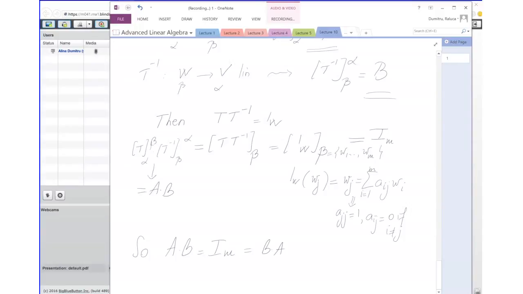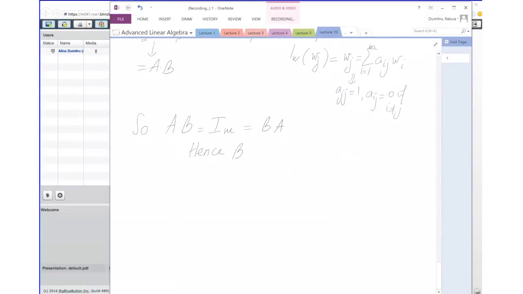So what does that tell you about matrices A and B? Yeah, they are inverse to each other, right? So B is the inverse of A.